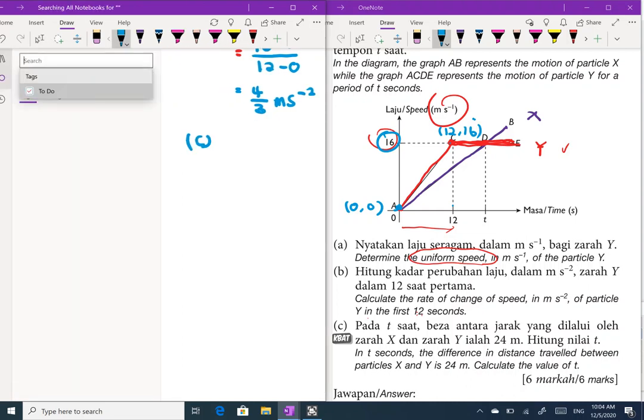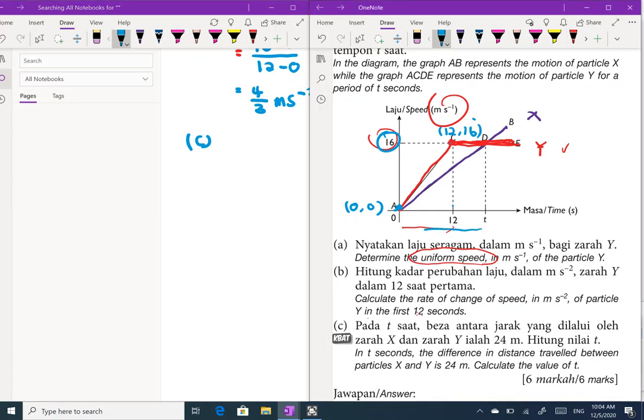In t seconds, the difference in distance traveled between particle x and y is 24 meters. That means until t seconds, how do you find the distance? We find the area. So we see this is our area for y.